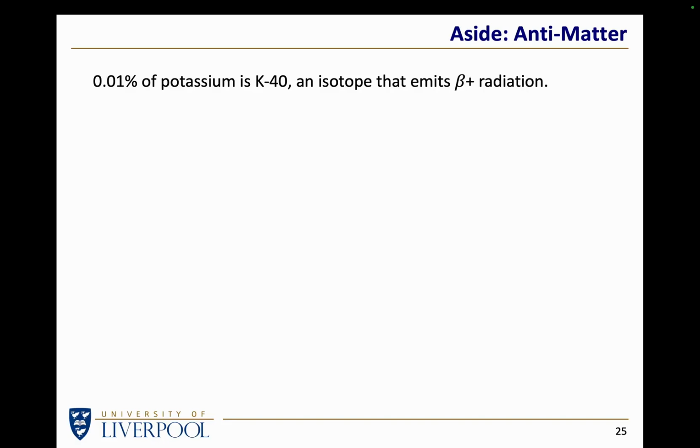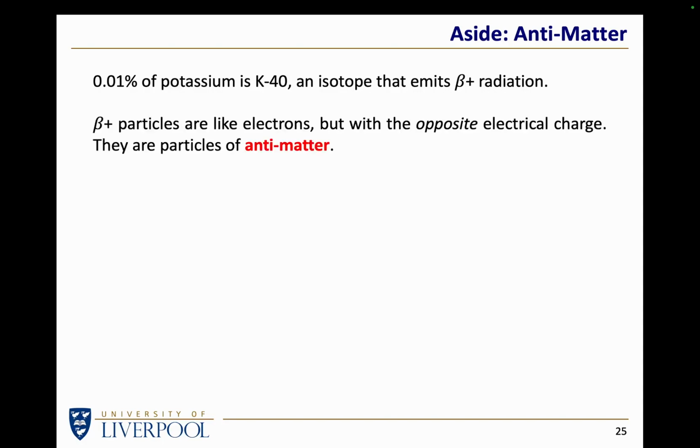So this isotope is called potassium-40, and it emits beta plus radiation. Beta, remember, is an electron type thing, but beta plus means it's got the opposite charge to an electron. So in fact, potassium-40 actually emits anti-electrons, not electrons. It's the antimatter equivalent of electrons.